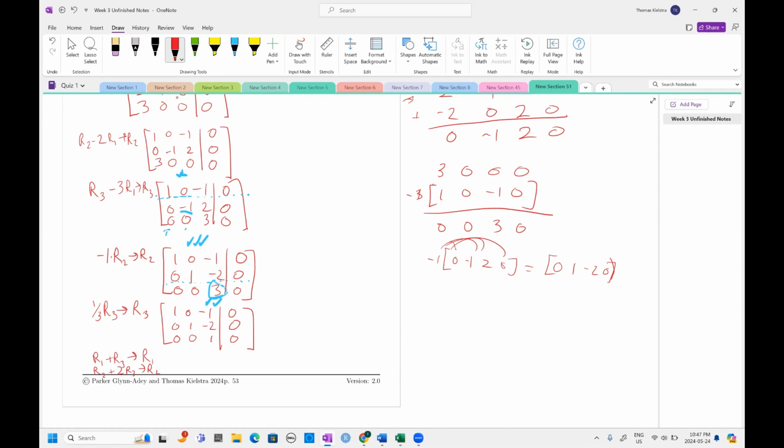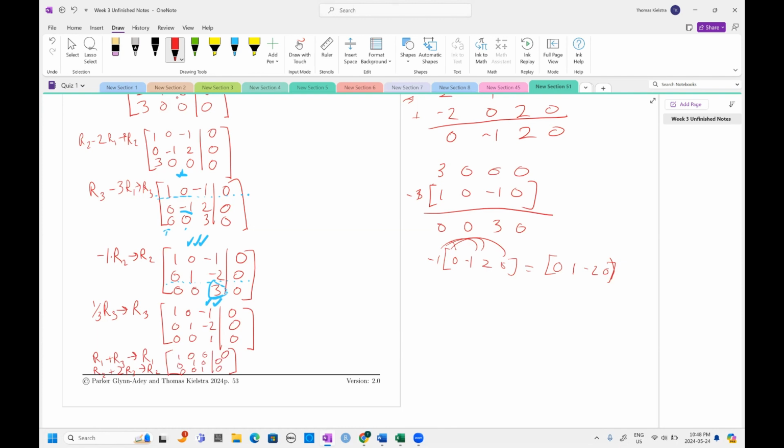Adding row 3 to row 1 and adding 2 times row 3 to row 2, we can do those independently. It doesn't matter the order we do them. They're not going to interact with each other. So we're allowed to do those in any order, and we can state that we're doing them at the same time. And this gives us 1, 0, 0, 0, 0, 1, 0, 0, and 0, 0, 1, 0.